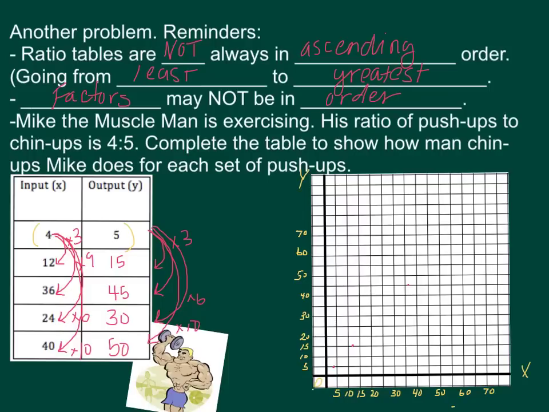I have a 24 for my x and 30 for my y. So 24 and 30 would be about there. And then my last one is 40 to 50. Now you can see that even though the input and output values weren't in ascending order, they still make a very nice straight line when I go ahead and graph them.